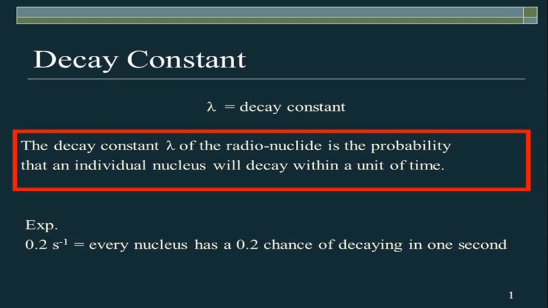If lambda is equal to 0.2 second inverse, what does it mean? Every nucleus has a 0.2 chance of decaying in 1 second. So it gives you the probability that an individual nucleus will decay within a unit of time, or within a second.